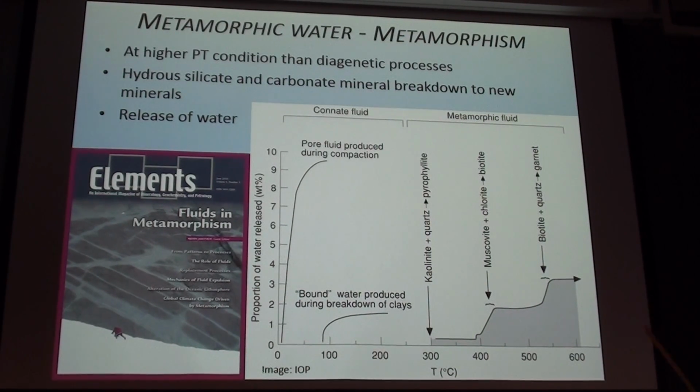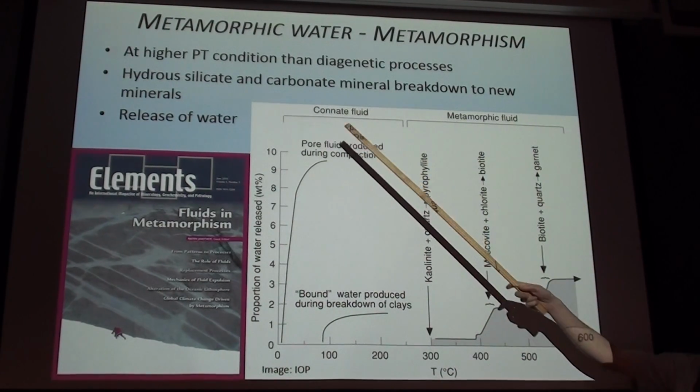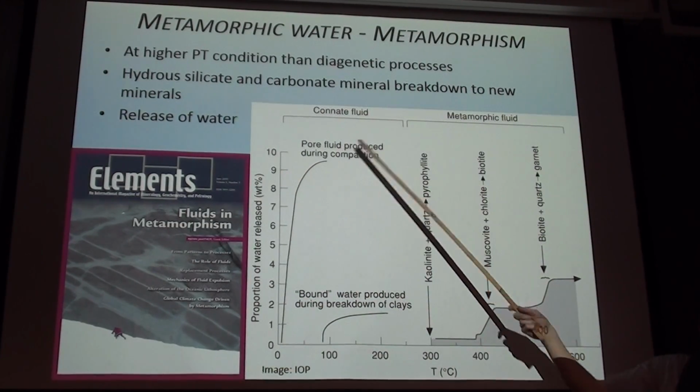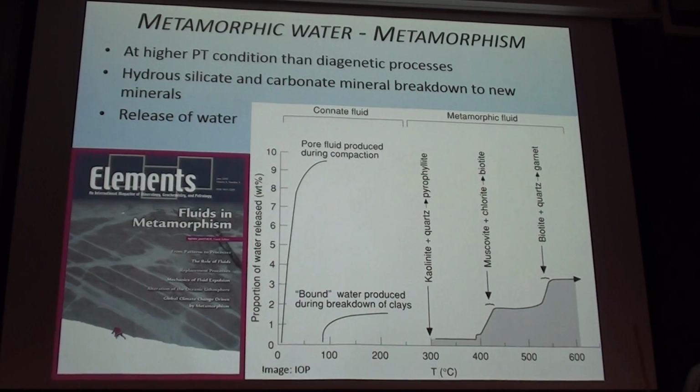The next step is as we increase the temperature, as you can see from this graph, going from 0 to 600 degrees, and the proportion of water released. What we just saw were the connate fluids, so we had initial squeezing out of water from the pores within the sediments, and later the release of water from the breaking down of clays.